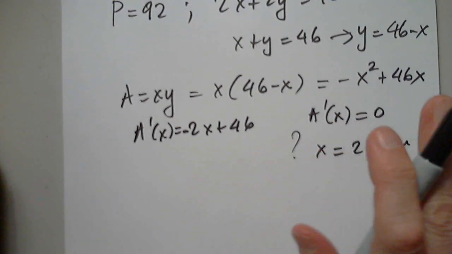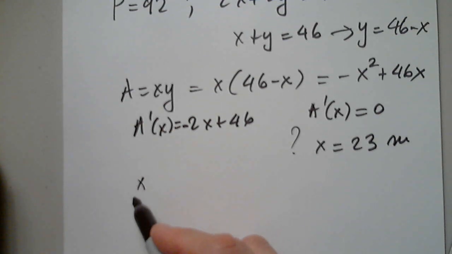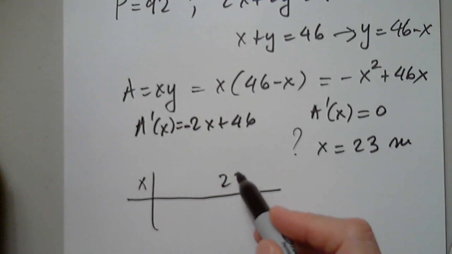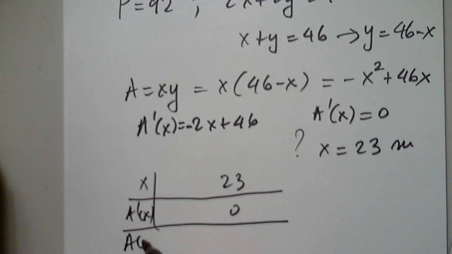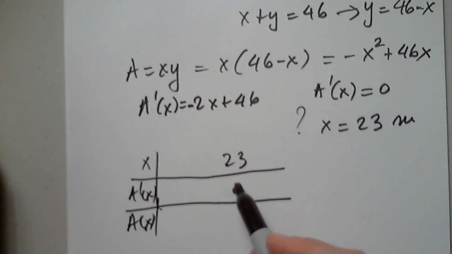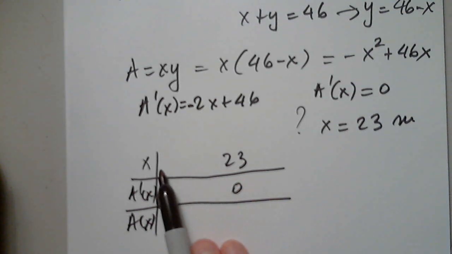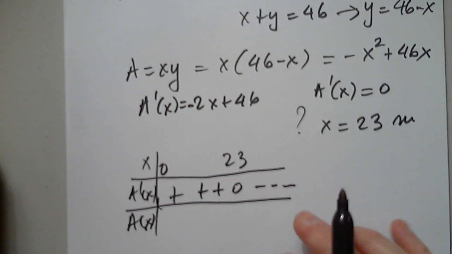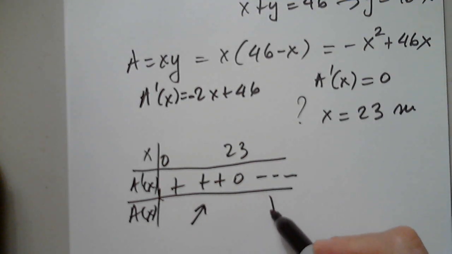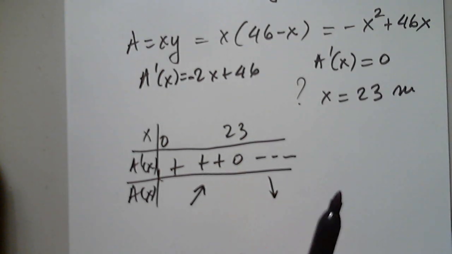Does this give a maximum? I have no clue. I have to show. Looking at this, at 0 it's positive, and afterwards it's negative. So it's guaranteed to be the maximum. What is the maximum?